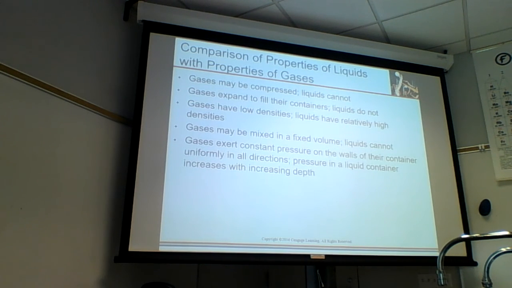Gases may be mixed in a fixed volume, liquids cannot. For example, we take 100 liters of nitrogen with 100 liters of oxygen, we can make 100 liters of air, no problem. However, if you take 100 milliliters of sugar water and combine it with 100 milliliters of salt water, you're going to get 200 milliliters. You can't make 100 milliliters of sugar salt water, can you?